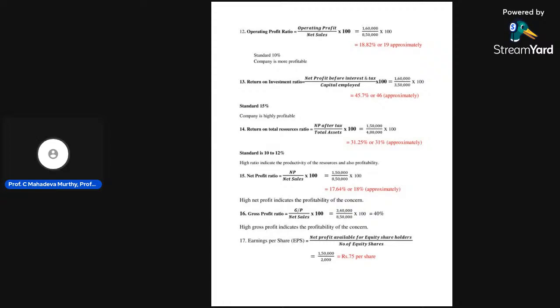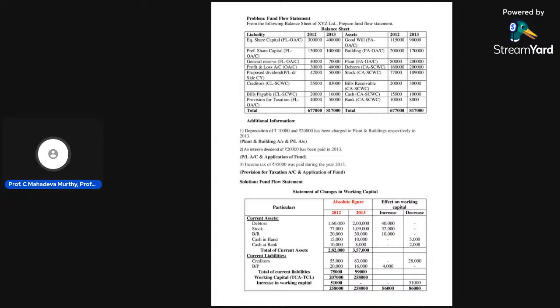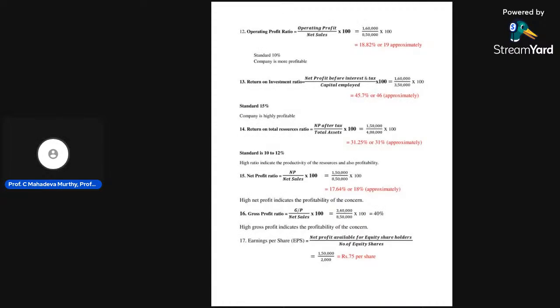Tomorrow I will explain that. Go for fund flow statement, cash flow statement. If it is possible, marginal costing we will touch in the next class. Sorry, next class I will explain fund flow statement and cash flow statement.